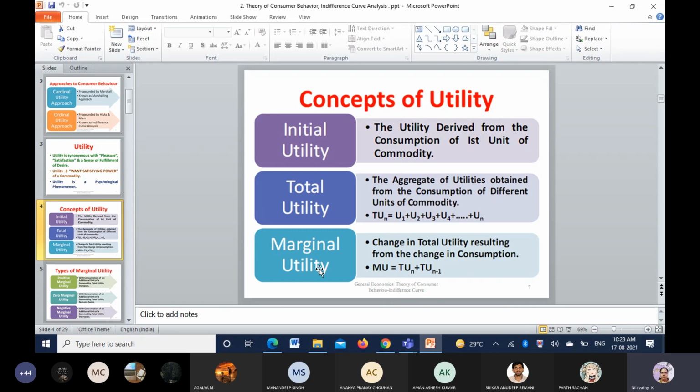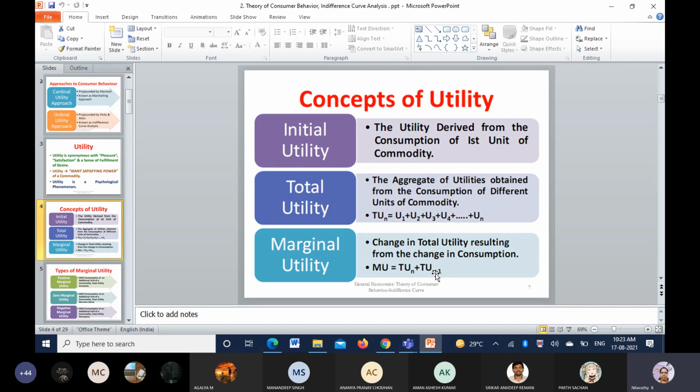Students, please note that in the formula, you can see MU is equal to TU of n plus TU of n minus 1 given. Actually, it is not plus, it is minus. Please take note of it. Marginal utility is equal to total utility of n, this particular unit, minus total utility of n minus 1, the previous unit.